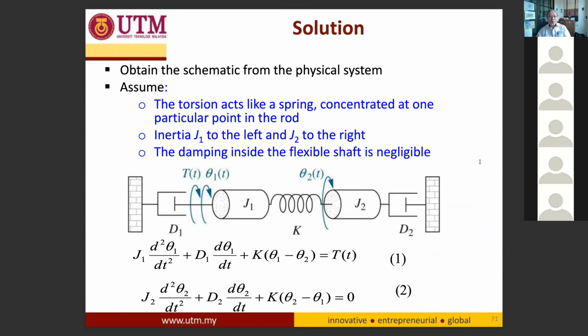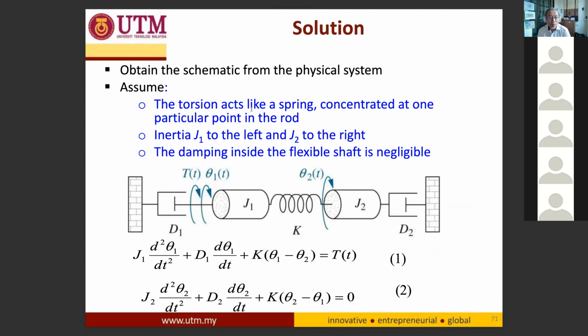Okay. So next is to obtain the schematic form from the physical system by assuming the torsion acts like a spring concentrated at one particular point in the rod.